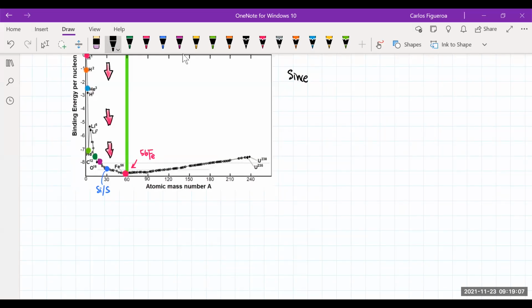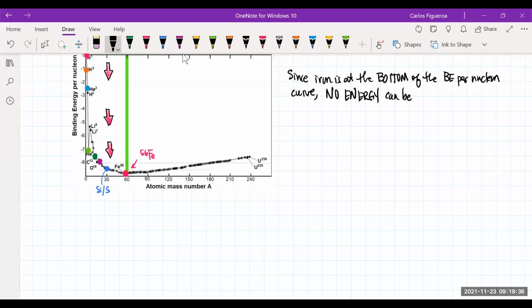Since iron is at the bottom of the binding energy per nucleon curve, no energy can be released via nuclear fusion.